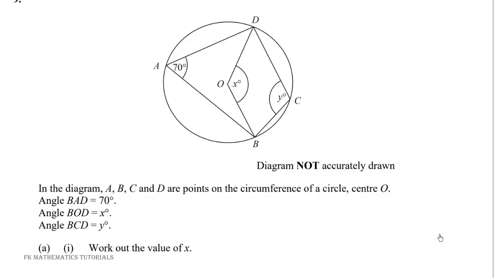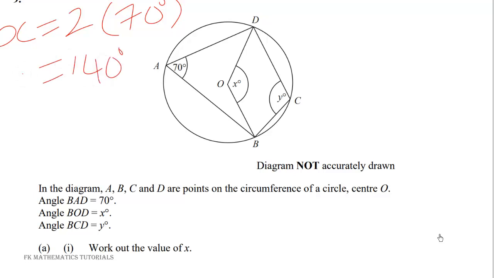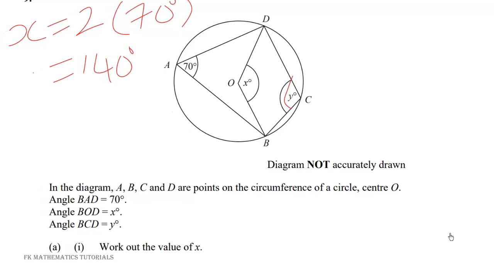So we know that X is equal to 2 times the angle at the circumference because X is at the center. So X will be equal to 140 degrees. The reason here is that the angle at the center is twice the angle at the circumference.